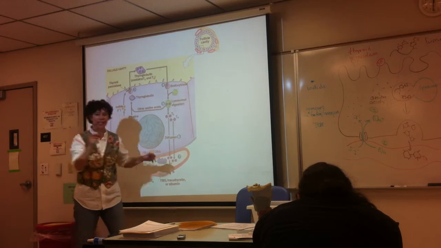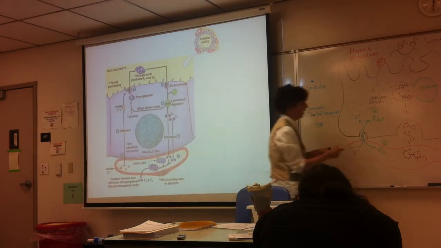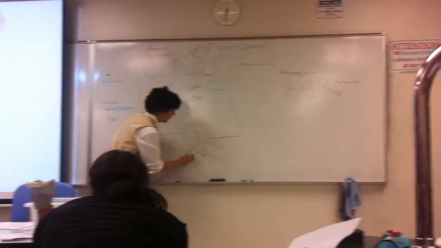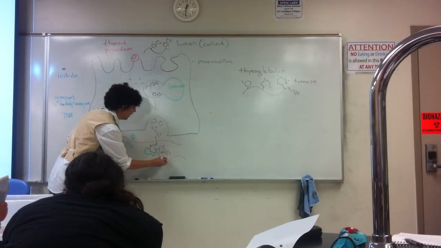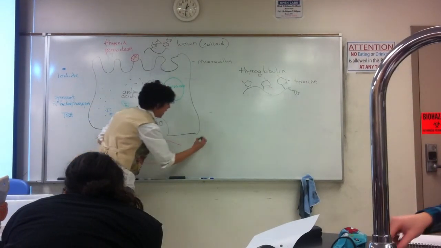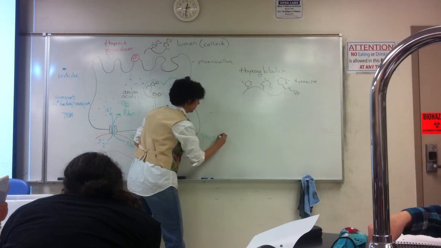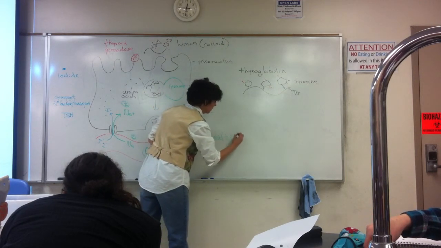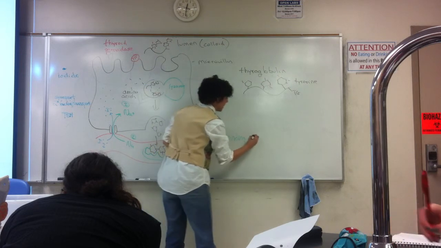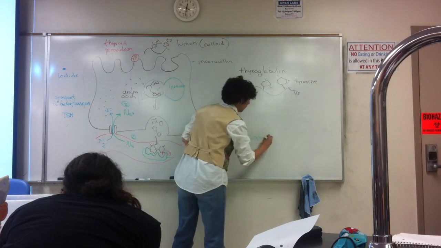All right, I'll get you in just a second. So in the blood, it will bind to several different kinds, but the most common one is known as thyroid binding protein, or TBP.